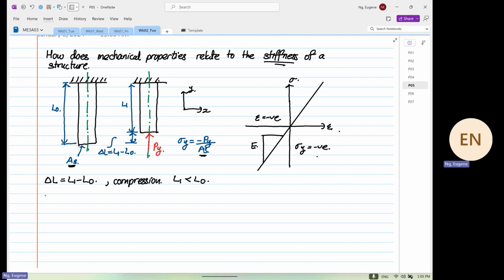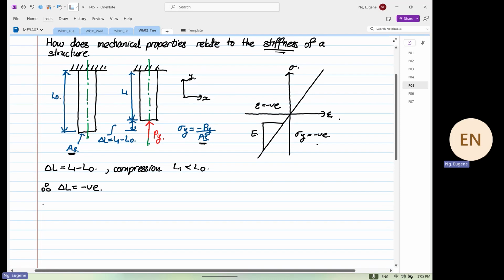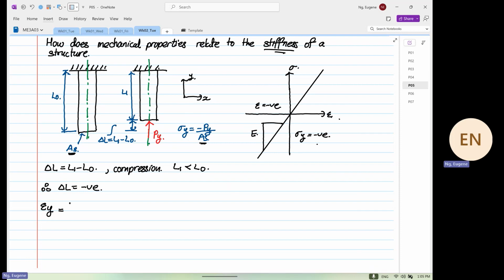Okay. So therefore, delta L is always going to be equal to what? Negative. So when we calculate our strain in the y-axis, we have L1 minus L0 divided by L0. So this will be equal to minus delta L over L0. Okay.